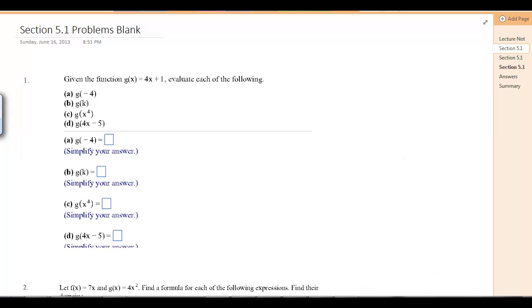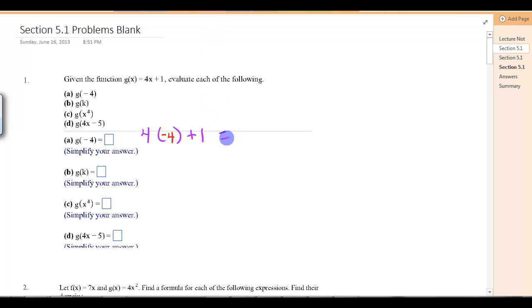All right, let's see. We are given the function g of x equals 4x plus 1 and evaluating these things in the function. It means to plug in whatever we're given there. So g of negative 4 means that we're going to take 4 and put in the negative 4 here.